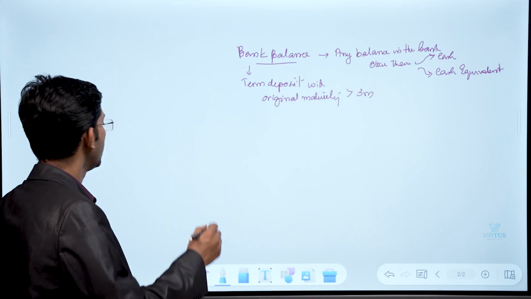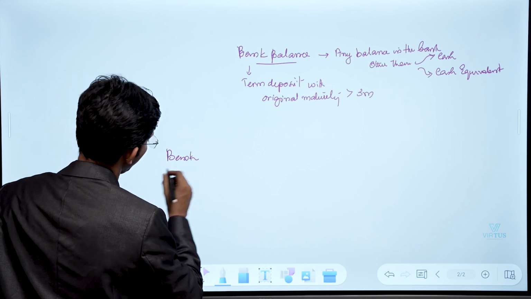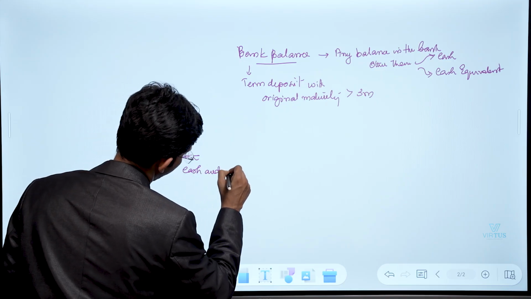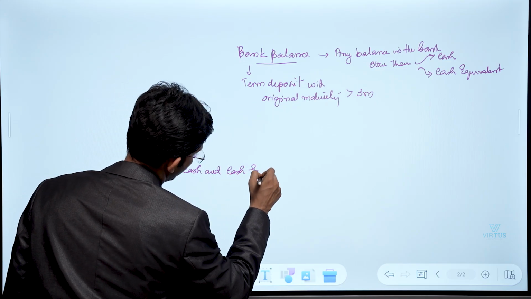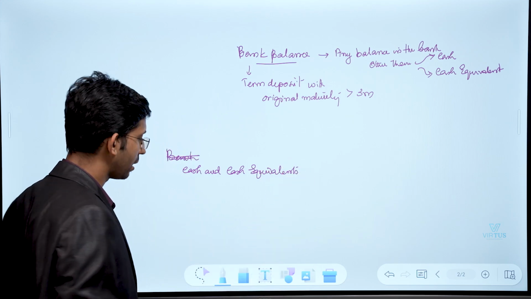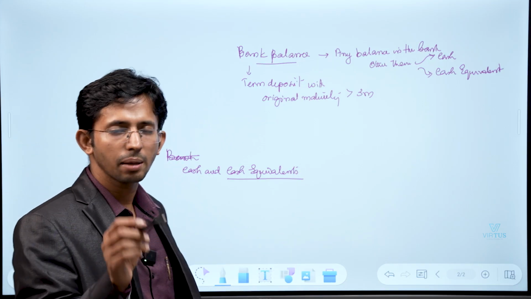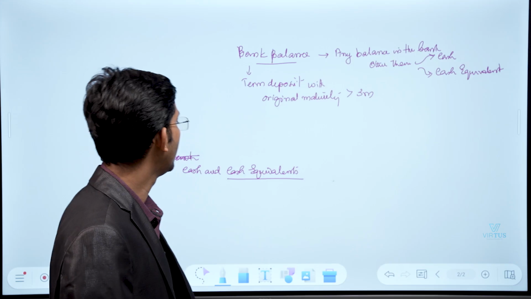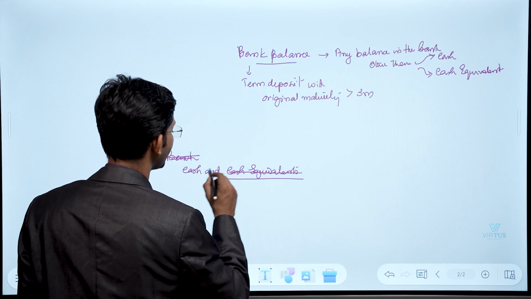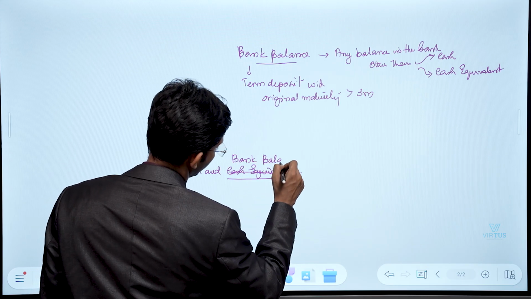If you see the face of the balance sheet, you have cash and cash equivalents. This is the name that is given in Schedule 3. But if your bank balance includes other bank balances other than cash equivalents, then on the face of the balance sheet, instead of cash and cash equivalents, we have to disclose it as cash and bank balances.